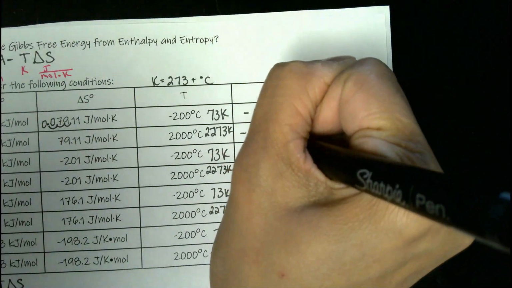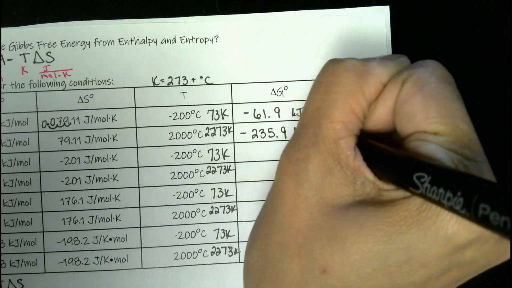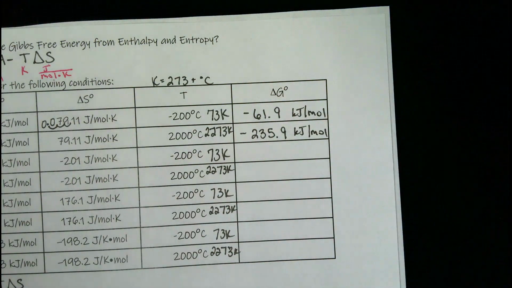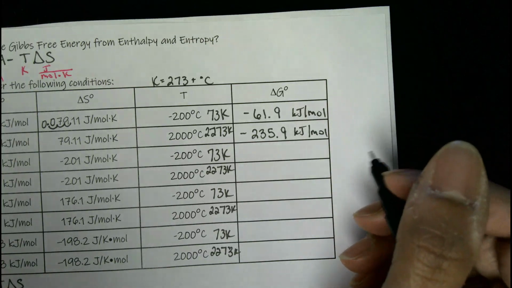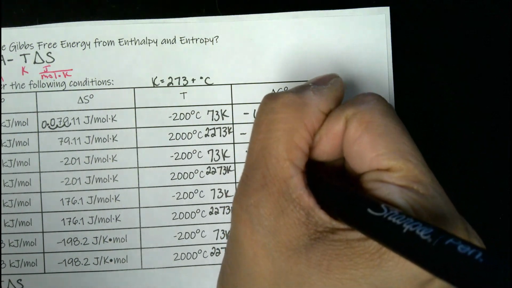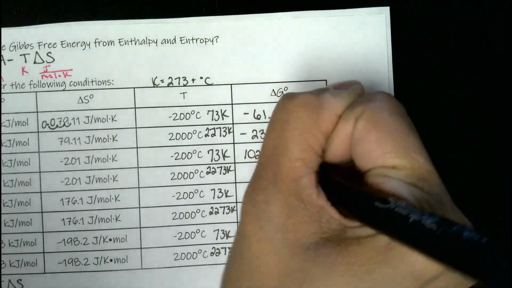So we have 235.9 kilojoules per mole. So again, please make sure that you're going through these and double checking them, do your own, etc. For these, I am going to at least show you guys what the values should be. So double check your own.